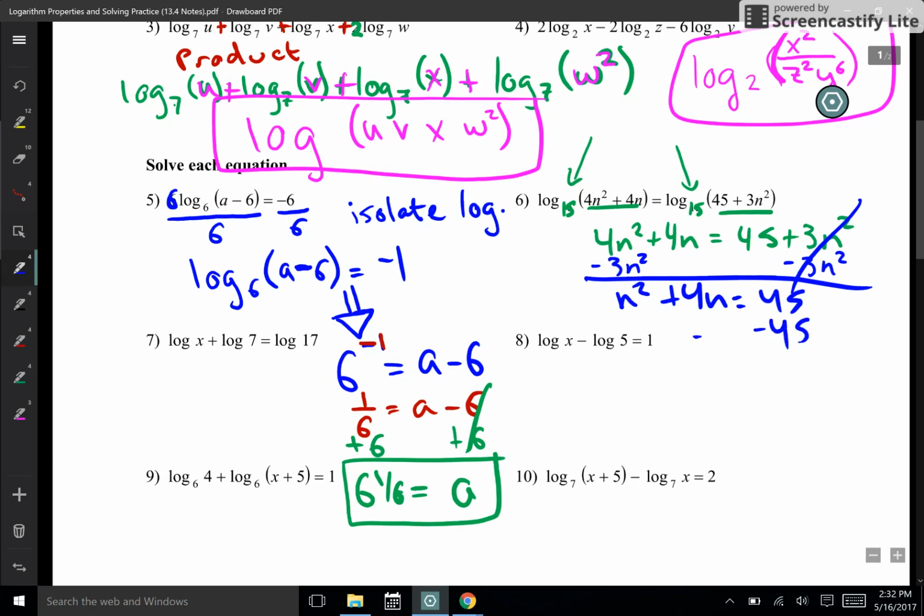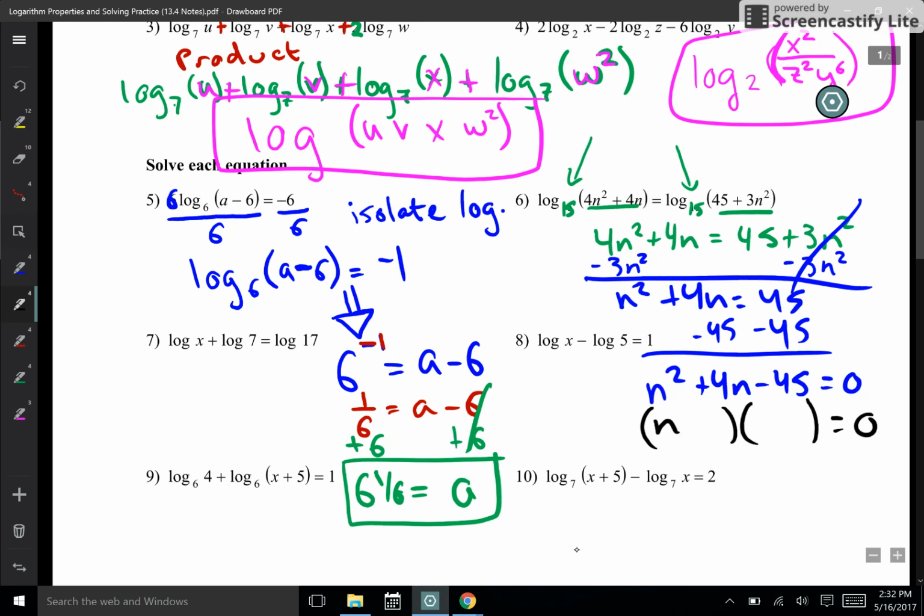Subtract 45 from both sides. N squared plus 4n minus 45 equals 0. Now factor the quadratic. Plus 9, minus 5. So I have two solutions for this one: n equals negative 9 and n equals 5.